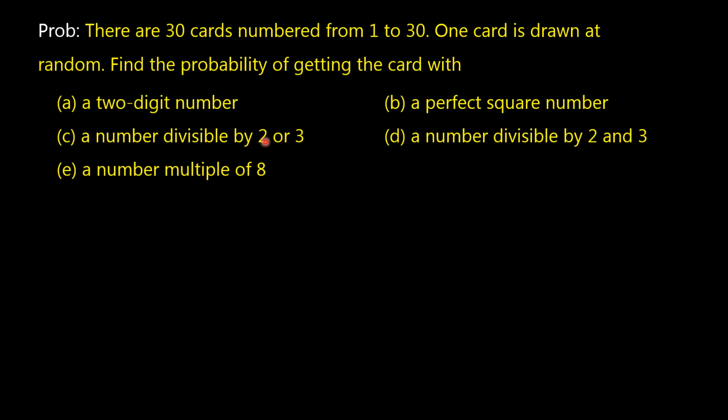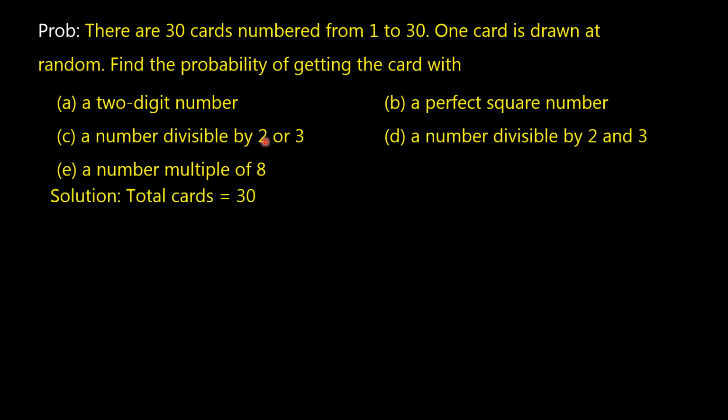Identify the event and find the number of favorable outcomes to that event. Then apply the formula. Now, before that, let me identify the random experiment.